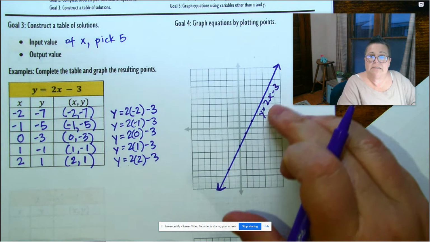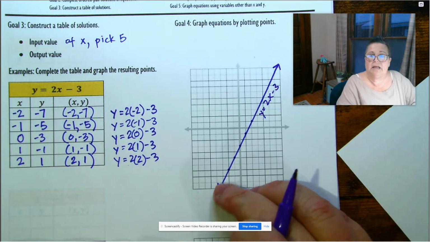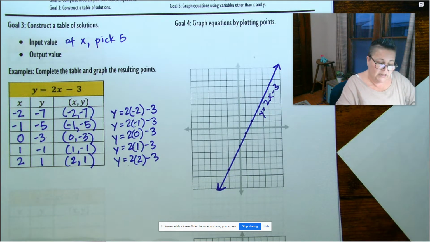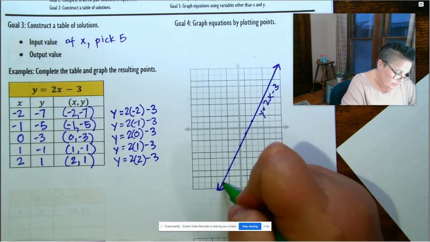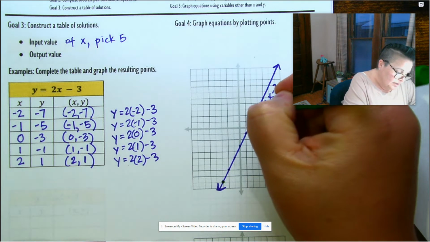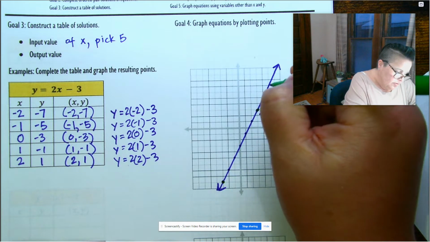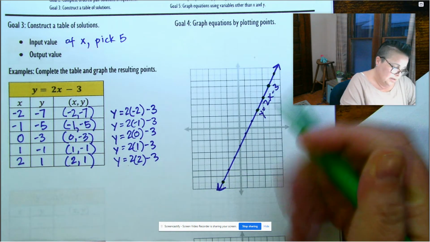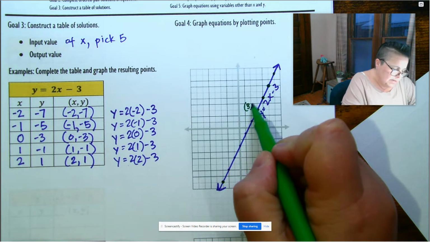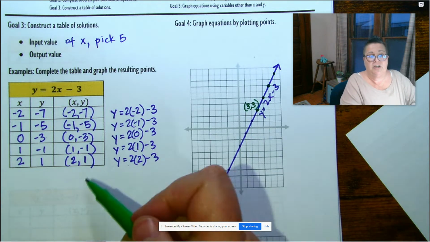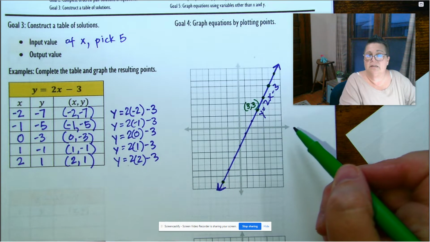All of the points that work on this line are solutions to the equation. And even though I did not find them, I can use my green marker to indicate what other points should work, like the point 3, 3. So 3, 3, even though I didn't check it, should work on this line.